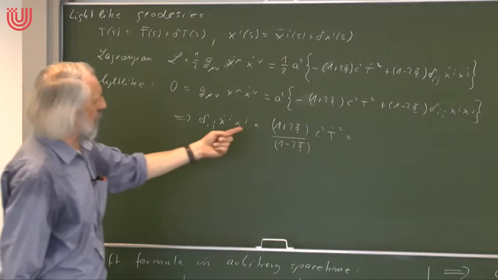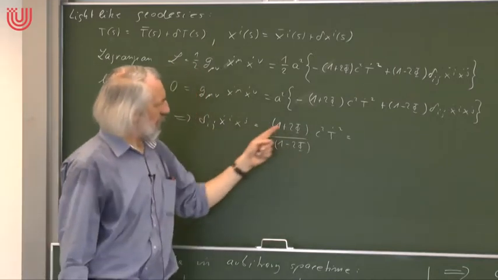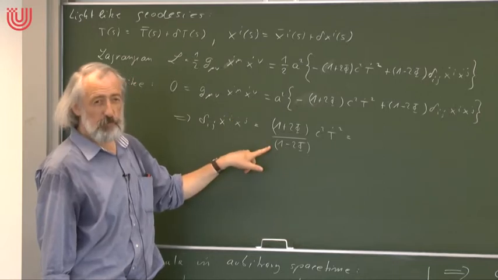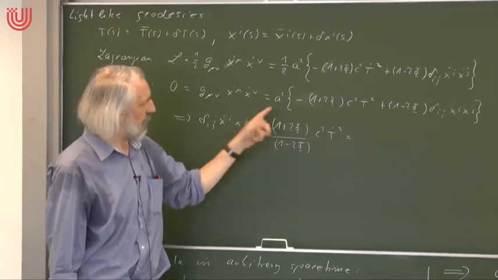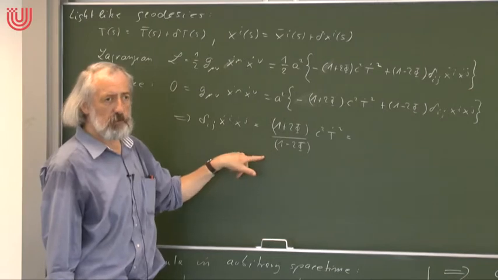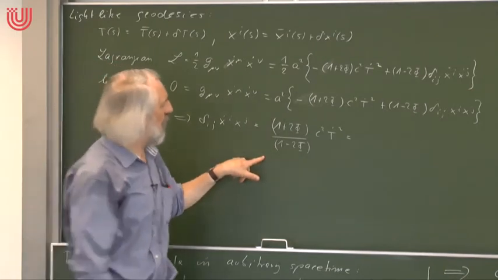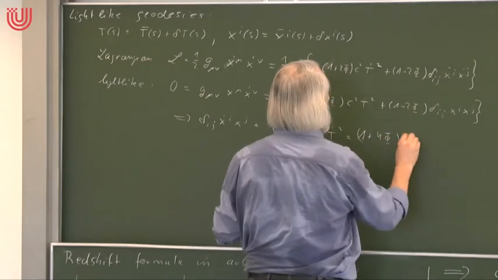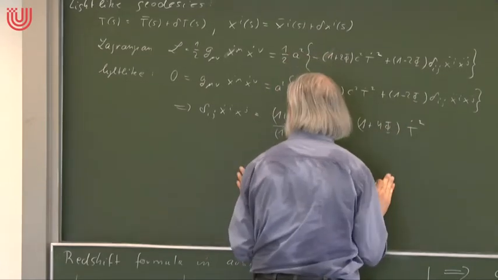If I Taylor expand this, then I get in the numerator 1 plus 2 phi, right? If I expand 1 over 1 minus 2 phi, this is 1 plus 2 phi plus the higher order terms. So I get altogether 1 plus 4 phi t dot squared.